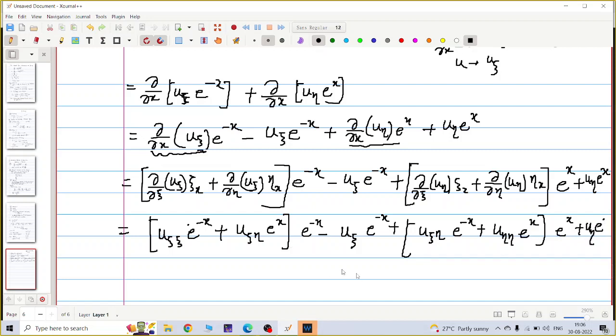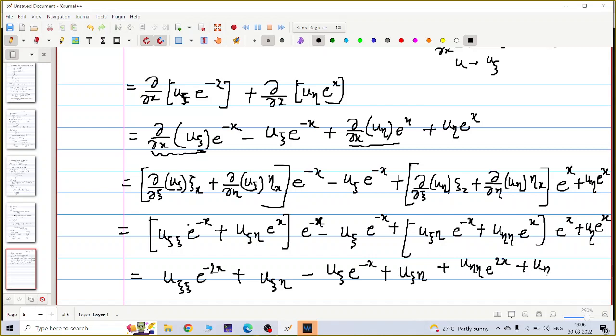Okay, is this visible and okay? Then I will go to the next one. I just multiply with e power x, nothing else. This is x, not eta. U xi xi into e power minus 2x plus u xi eta minus u xi into e power minus x. That is again I multiply with e power x, plus u xi eta plus u eta eta into e power 2x plus u eta e power x.